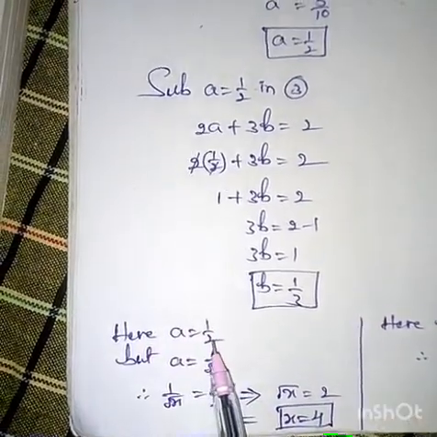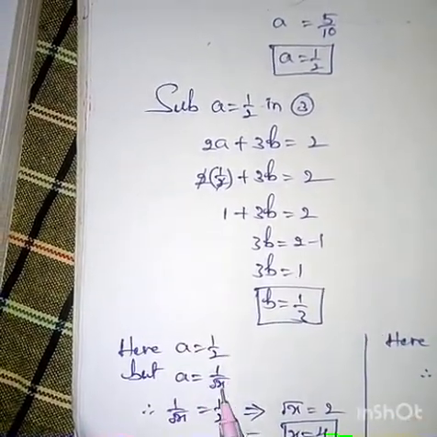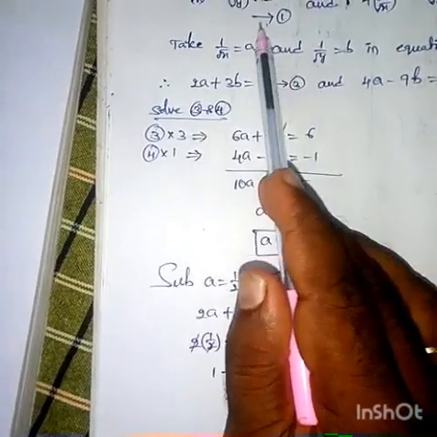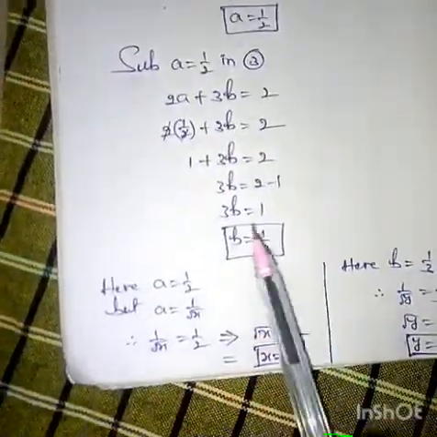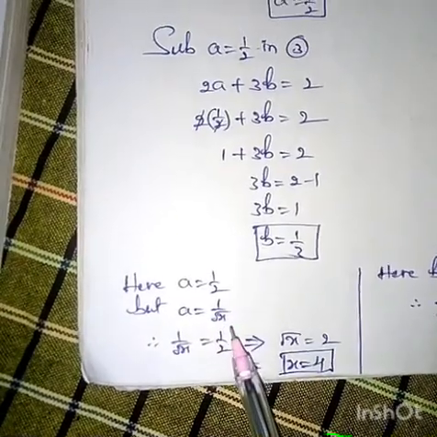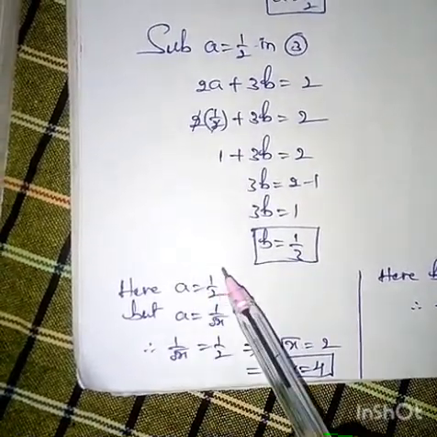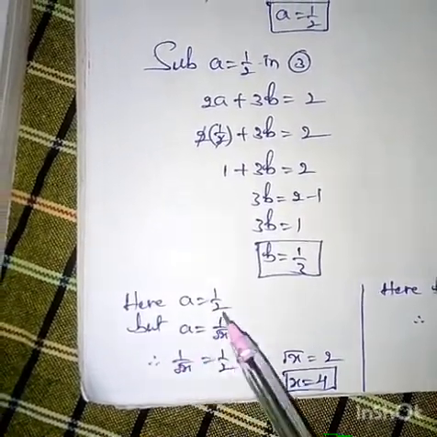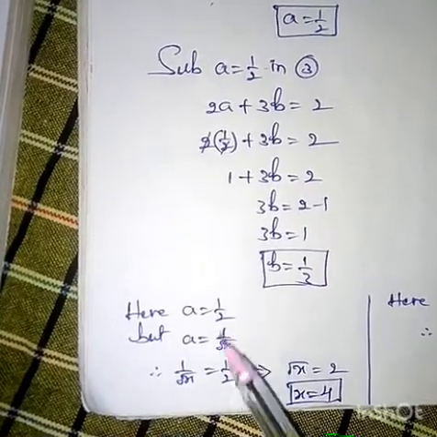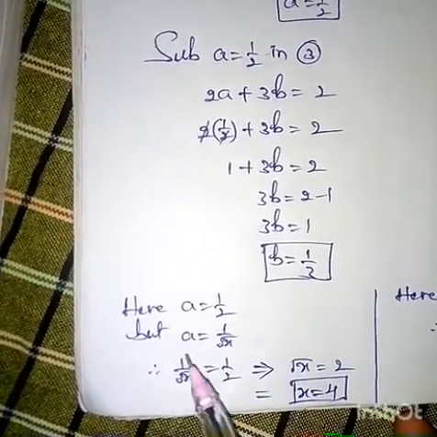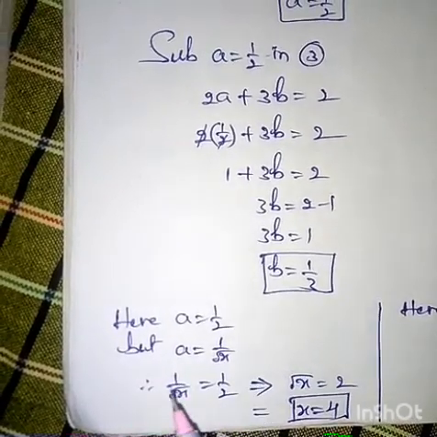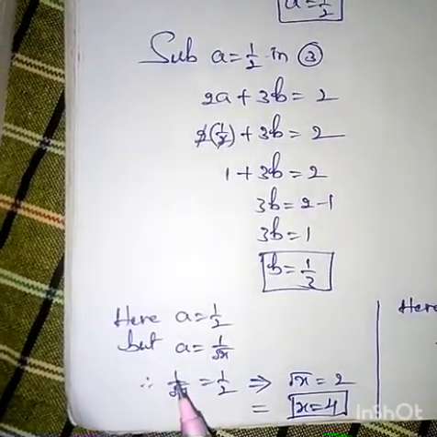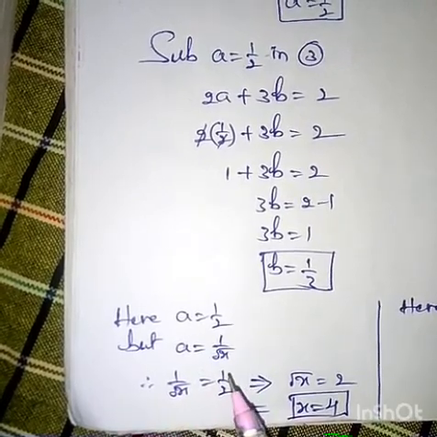Here a equal to 1 by 2, but actually a equal to 1 by root x, because at first we are taking 1 by root x value as a. So here a equal to 1 by 2 and a equal to 1 by root x. By equating these values we get 1 by root x equal to 1 by 2. Here in the numerators 1 and 1, that means these values are equal in the numerator.